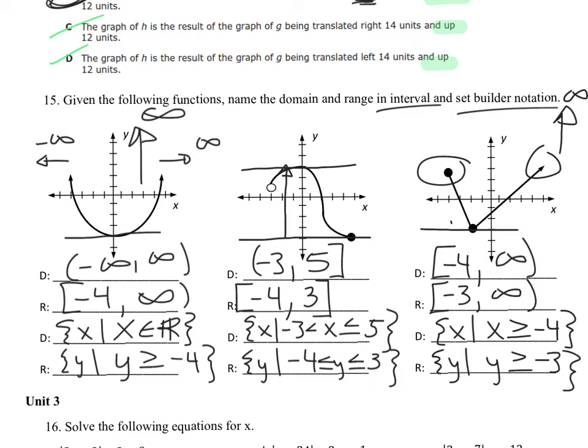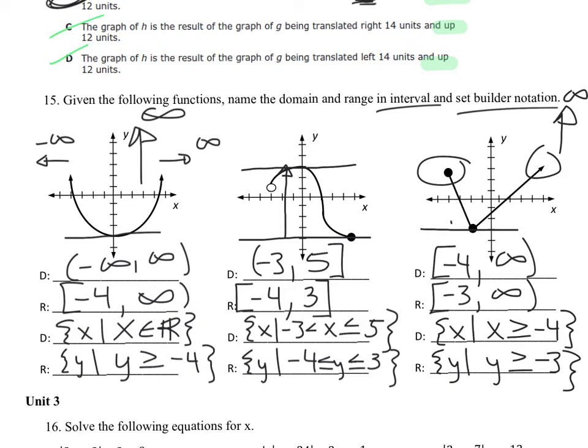And then there you go. There is our set builder and interval notation for number 15. Now, ladies and gentlemen, are there any questions about A, B, and C for number 15? All righty. Easy peasy. Caleb, good? Miss Autumn, how you doing?